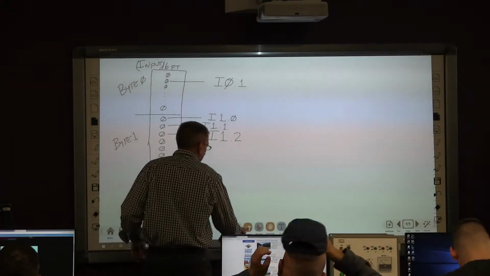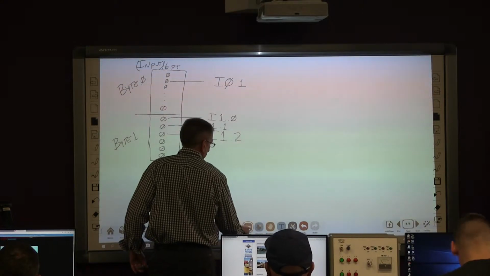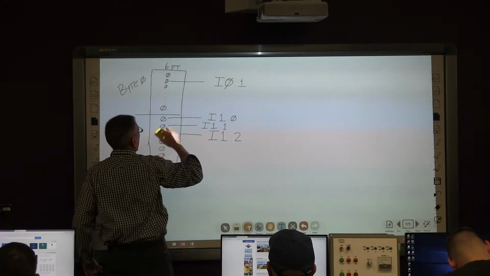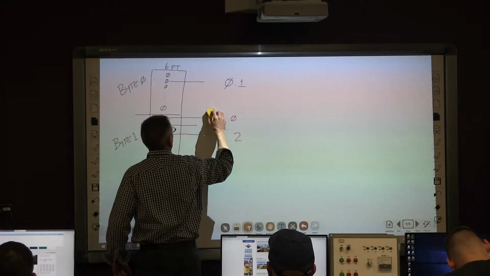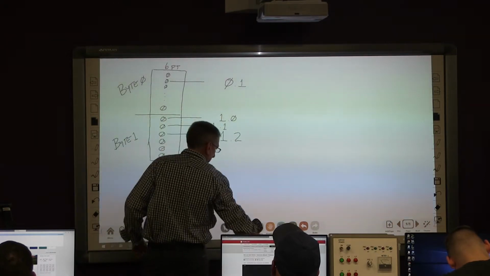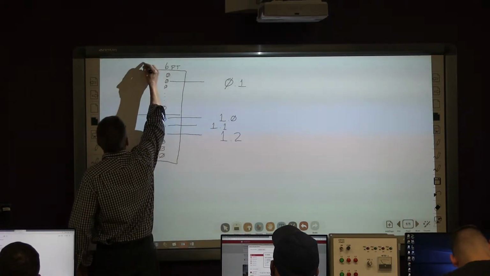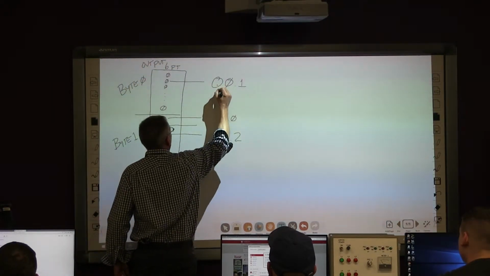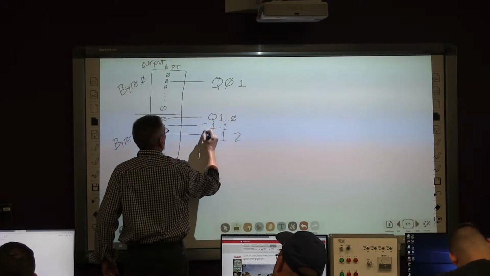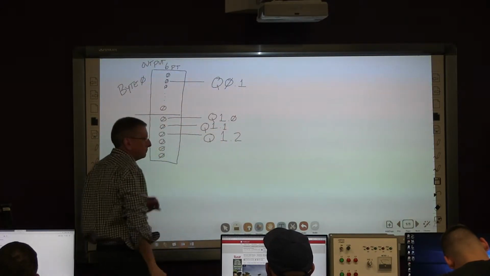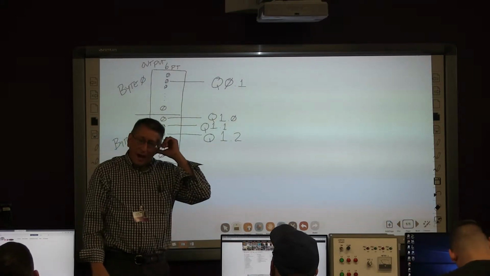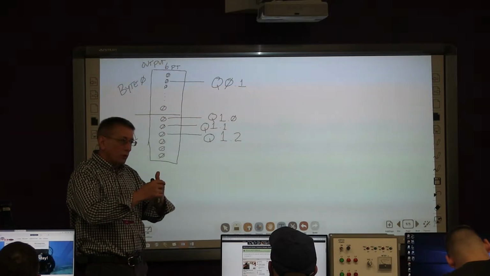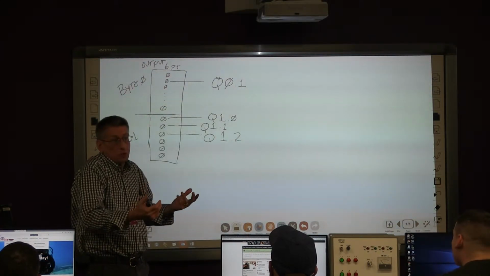Let's say, for example, that this all of a sudden becomes an output line. And the address starts with the letter Q. I'm guessing they may have done that because it's sometimes hard to distinguish between a 0 and an O. Just my guess.